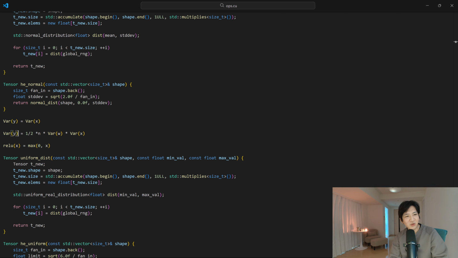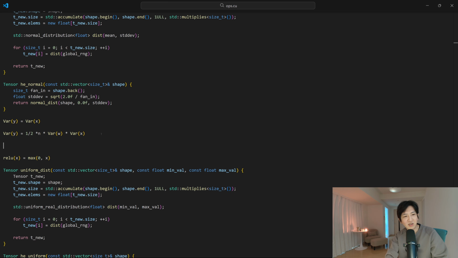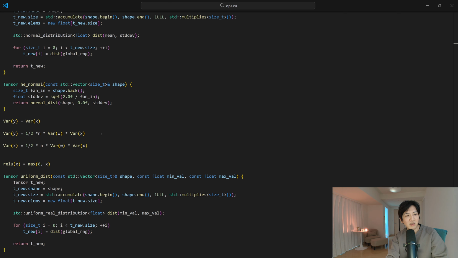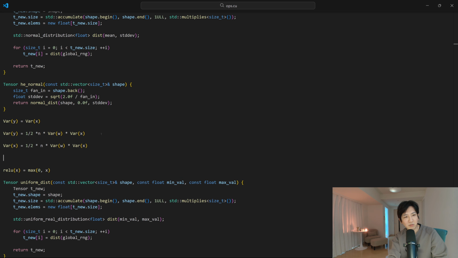So you switch the variance of y with the variance of x, because these are the same. When you do that, the equation is going to be like this. And you divide by the variance of x, because you have the variance of x on both sides of the equation.